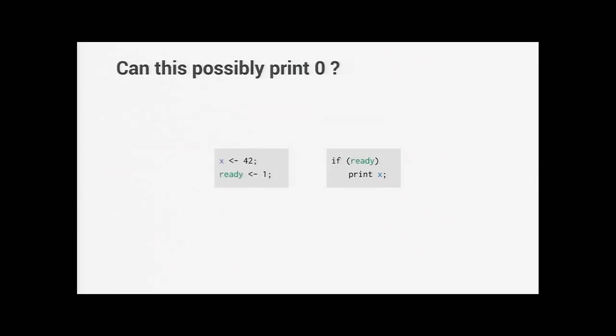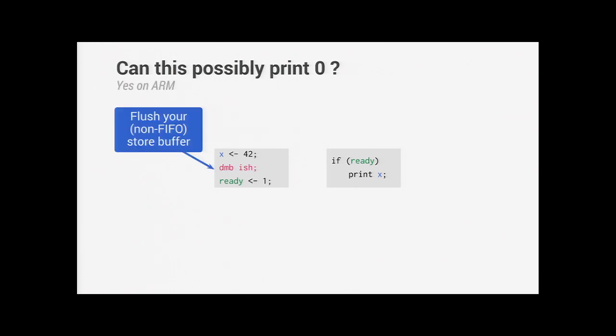So what about this code? This may seem fine, because even if the store is delayed on x86, the store buffer is first in, first out. So by the time ready equal 1 is visible, x equal 42 will also be visible. However, on ARM, the store buffer is not first in, first out.